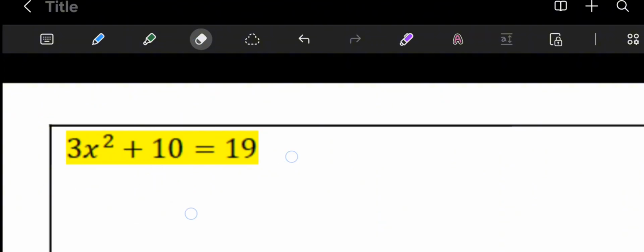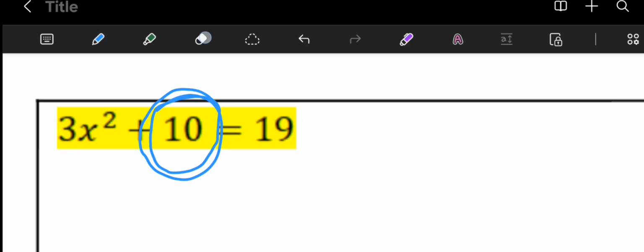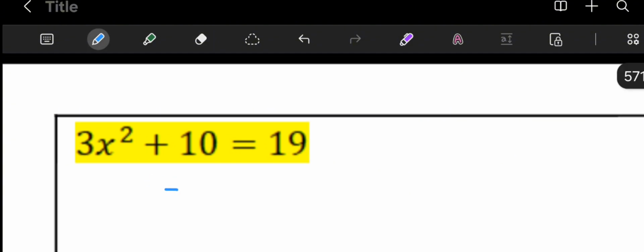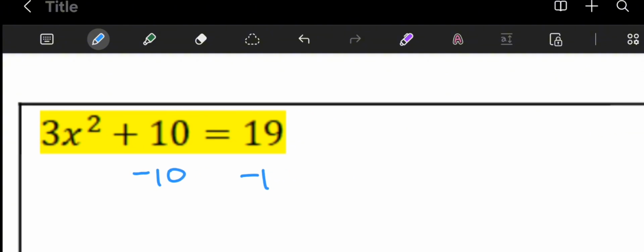And to be a little bit more specific, first we want to get rid of this 10, right? Because honestly, that's just really the easiest to get rid of. If we want to go ahead and divide the whole side by 3, that's one step at a time. So first, we're gonna subtract 10 from both sides, because whatever you do to one side, you have to do to the other.